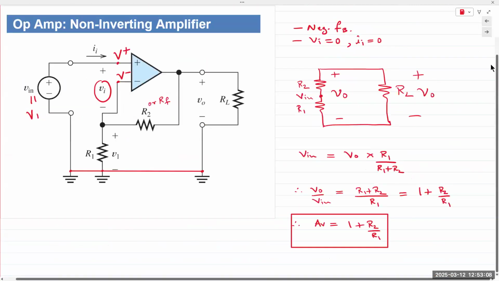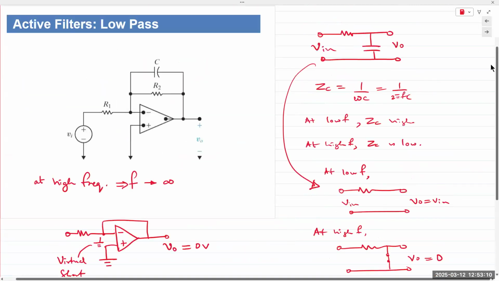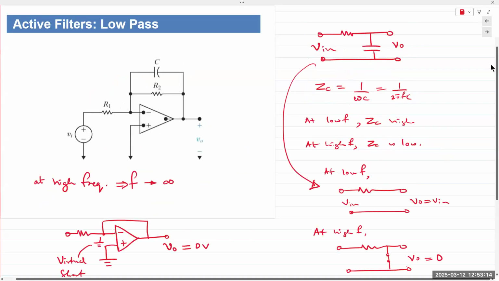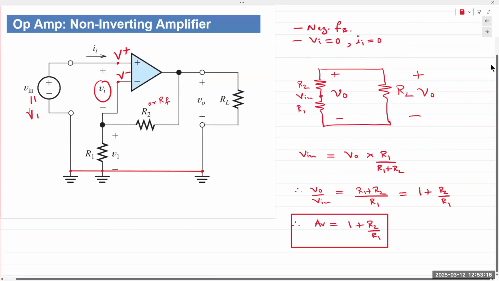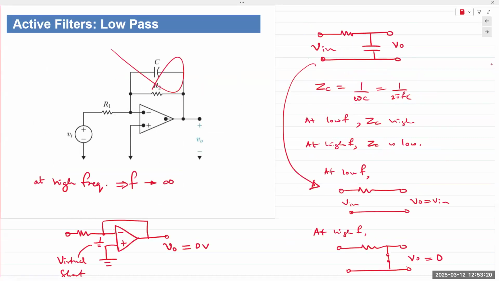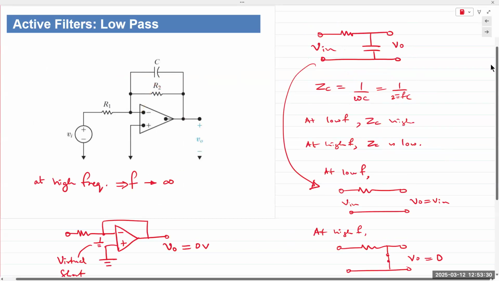Summing amplifier, non-inverting amplifier. Filters? Okay, no filters. Just use it as a standard inverting or non-inverting amplifier configuration. That's it. No filters.